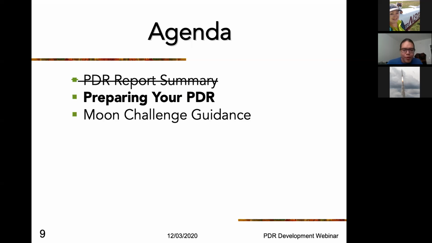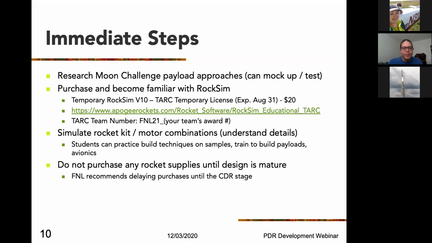So, preparing your PDR, some things you can do today, or maybe you've already started: been thinking about your challenge and getting RockSim, becoming familiar with it. If you haven't obtained it yet, there's the information. Once you get a couple kit options or scratch build options for your airframe, run different motor combinations.